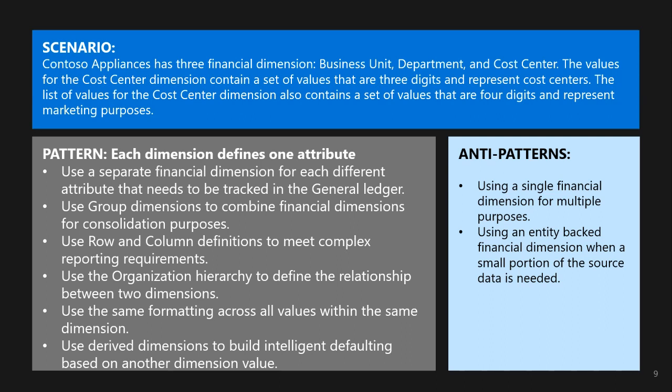Now, some things you shouldn't do is use a single financial dimension for multiple purposes. And the other one is using an entity-backed financial dimension when a small portion of the source data is needed. So that's coming back to the first scenario. If I don't need all of the items, we don't need to make an entity-backed dimension to represent just a small subset of that data.